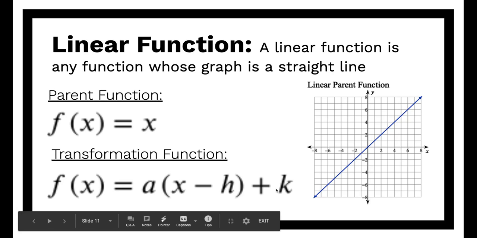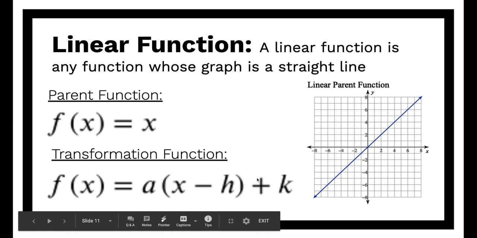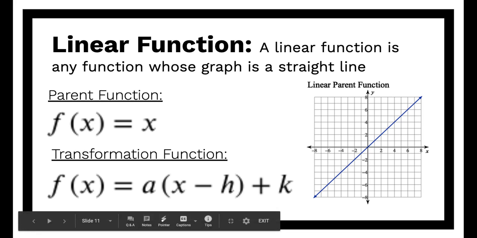Sometimes they have simplified this down completely, and it ends up looking like an equation in slope-intercept form. That's the y equals mx plus b. That b value is your y-intercept. So when you're looking at this equation in terms of the transformation function, this k value is not always your y-intercept. If you have an h value, then it changes what that y-intercept can be.